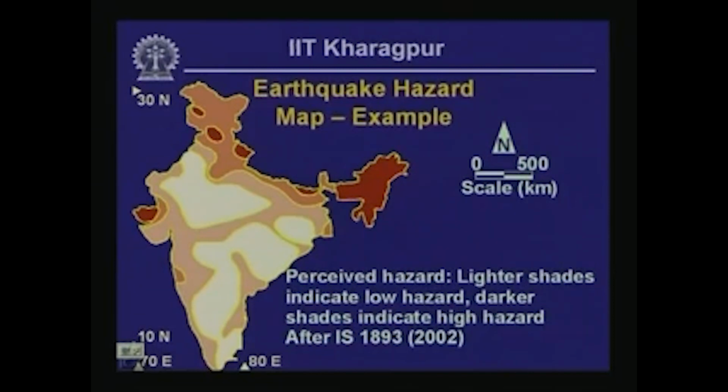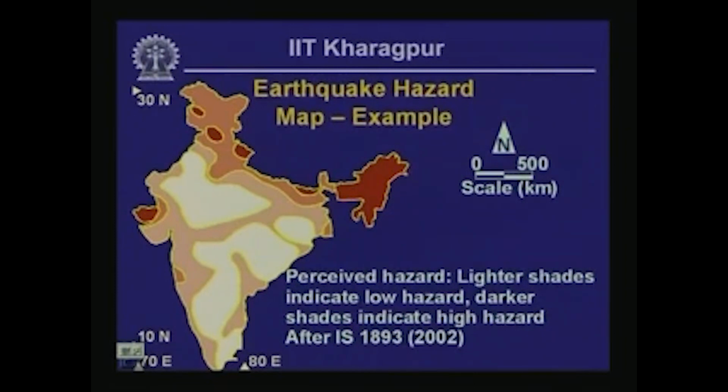This map here actually shows the relative hazard of different parts of India. In order to read the map, let me tell you that deeper colors indicate greater hazard, while the lighter colors represent lower perceived hazard.